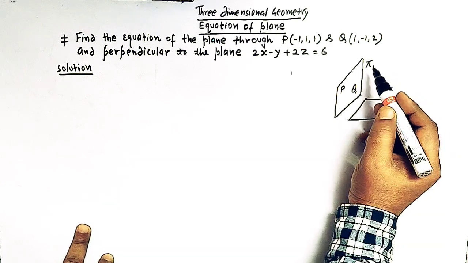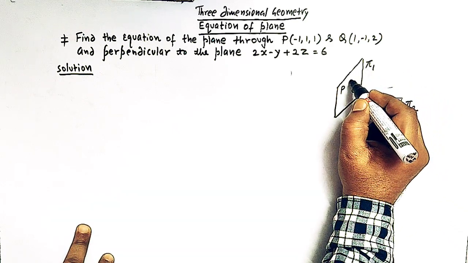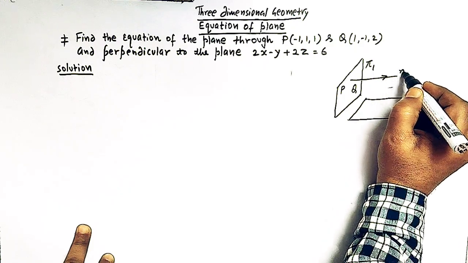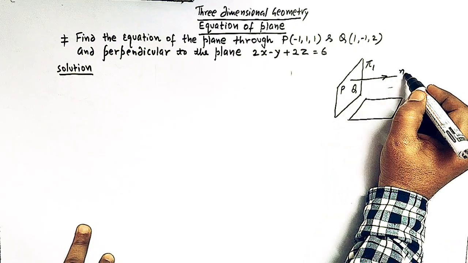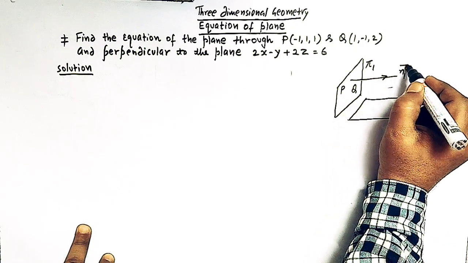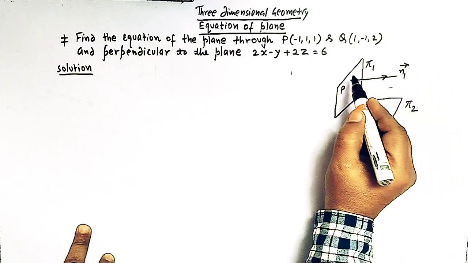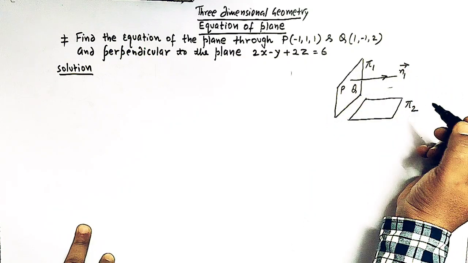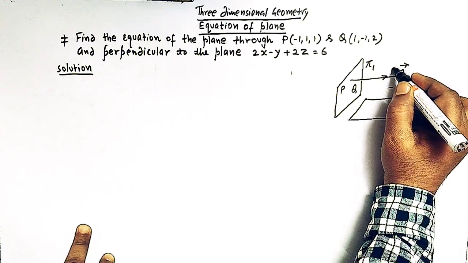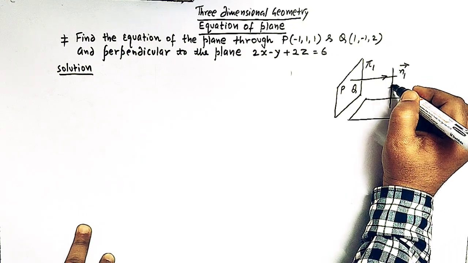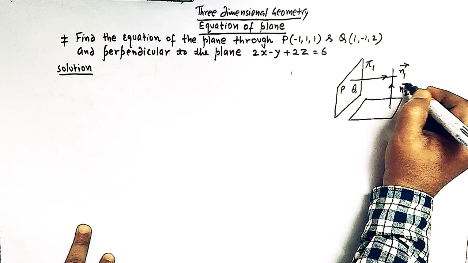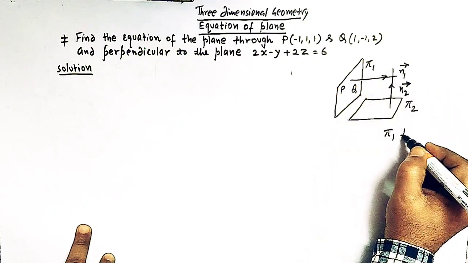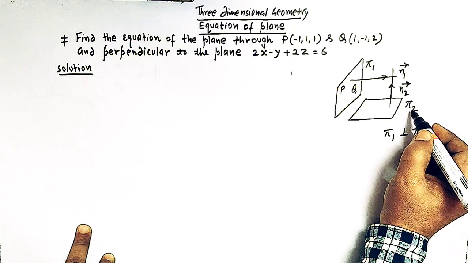Suppose the plane pi 1 has the normal vector like this, and let us draw this normal vector as n1. So this is the normal vector n1 to this plane pi 1, and this plane pi 2 has the normal vector like this, right? So here this plane pi 1 is perpendicular to this plane pi 2.